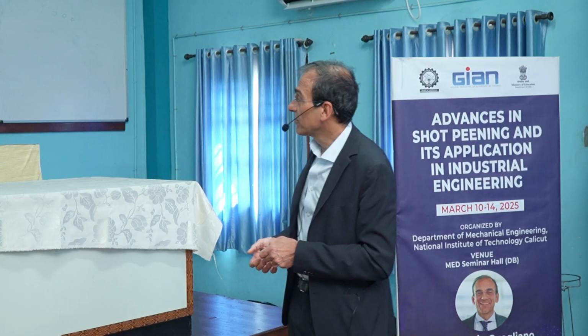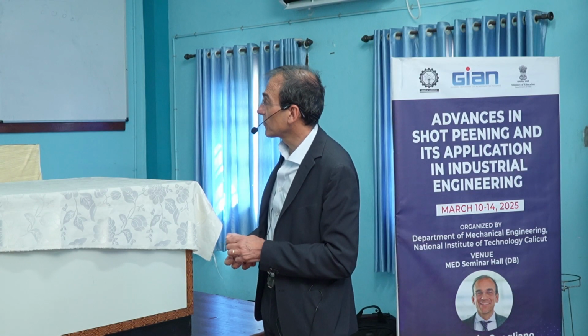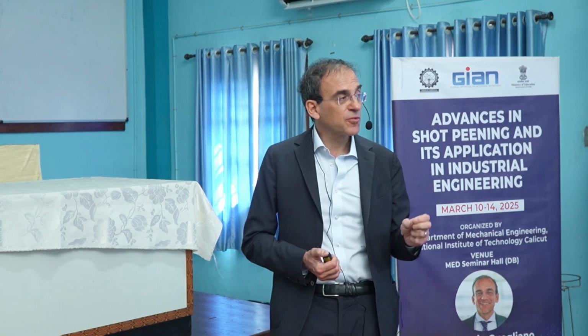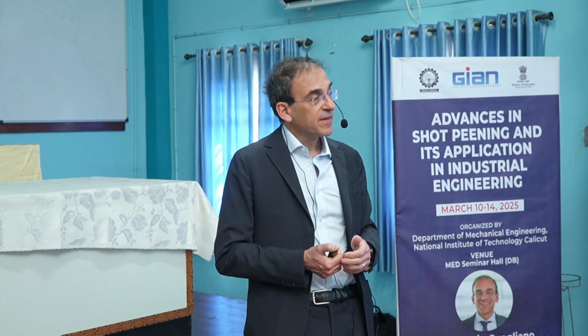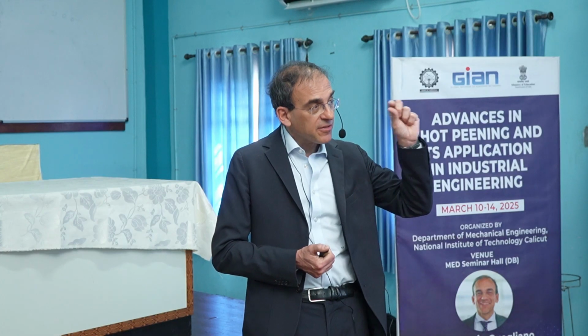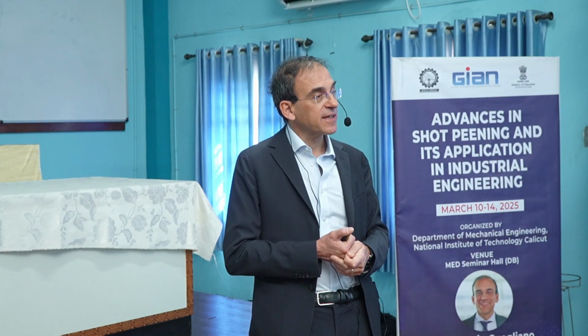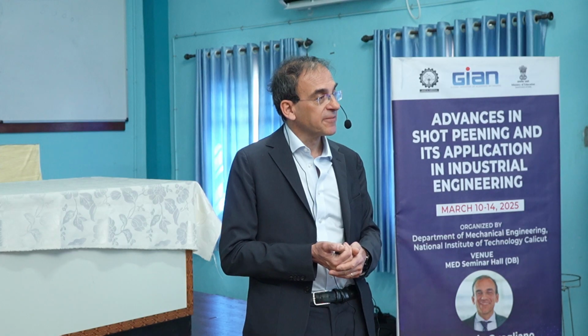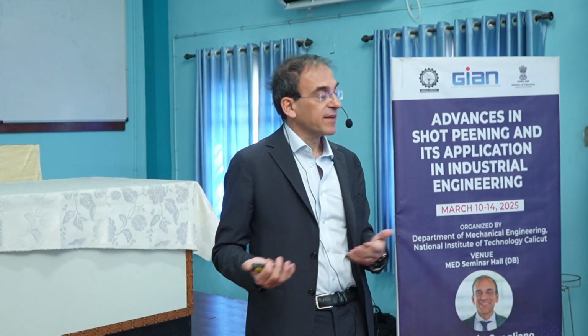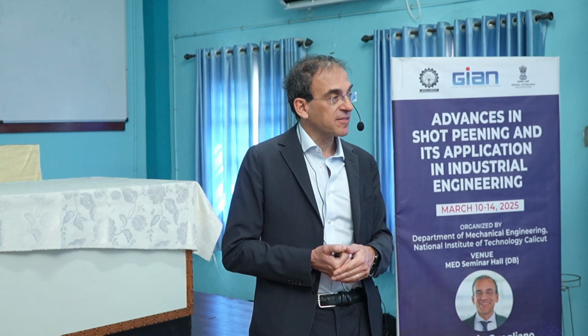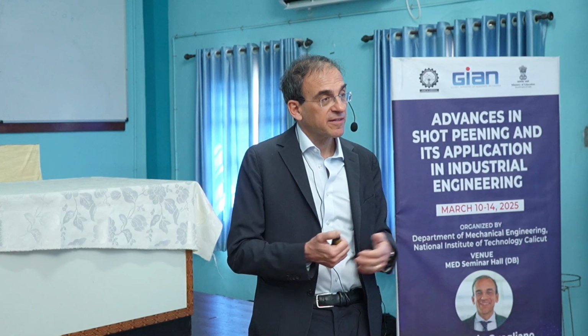If you are using this kind of steel that has a quantity of retained austenite, after shot peening in the surface layer of material, this is transformed to martensite. This is due to the kinetics of the transformation, and this makes the material stronger.